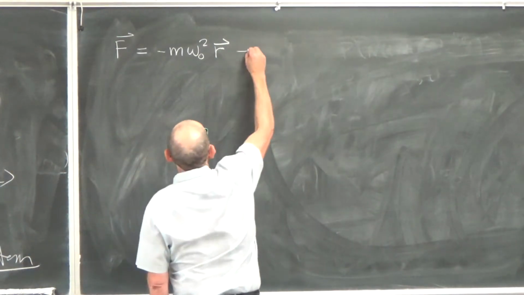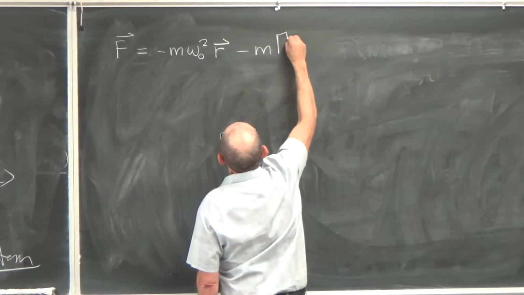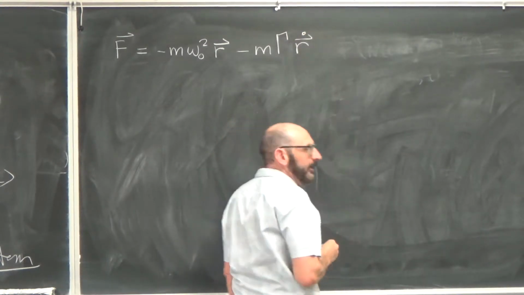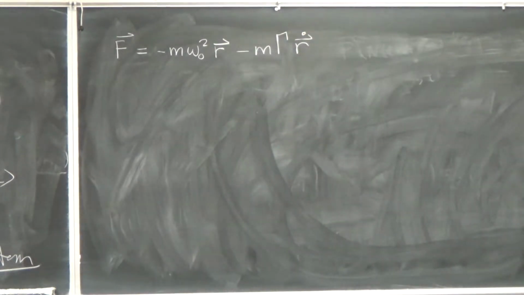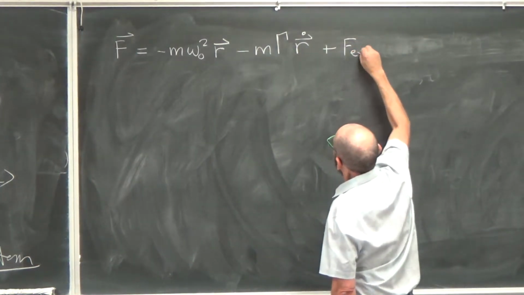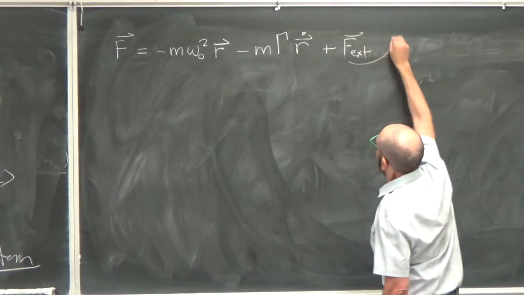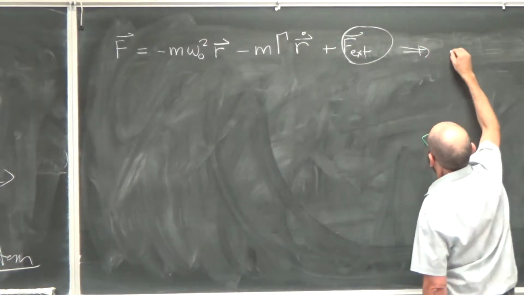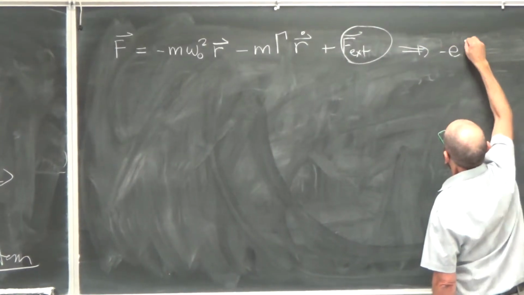We're going to have a damping force that depends on the velocity, and then the external force due to the electromagnetic wave. And that, of course, is just the Lorentz force.